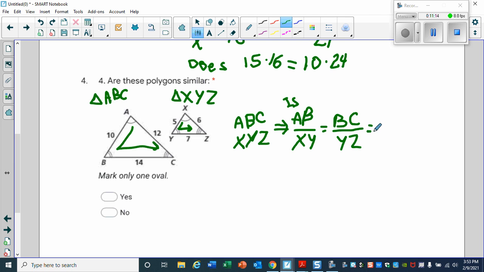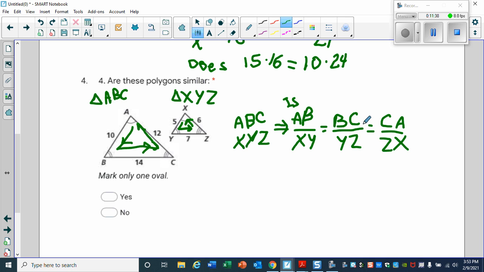And then finally, it's from C to A, so we go back from C to A. And that side corresponds to ZX. And then you can just insert your values.